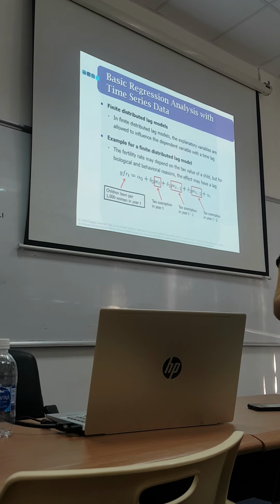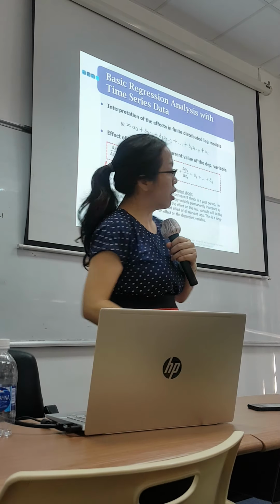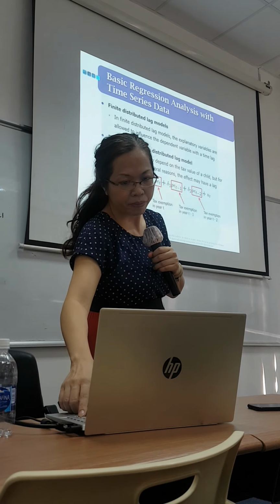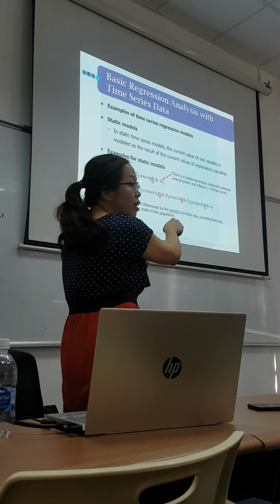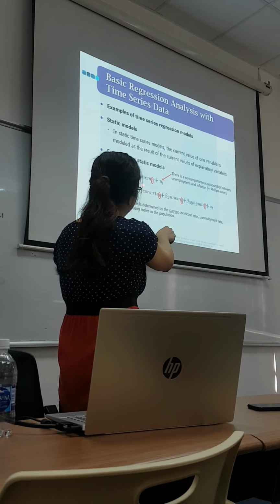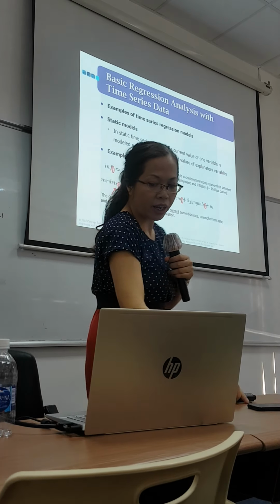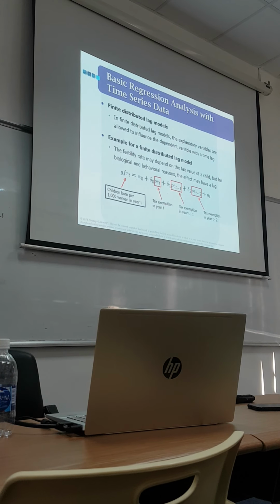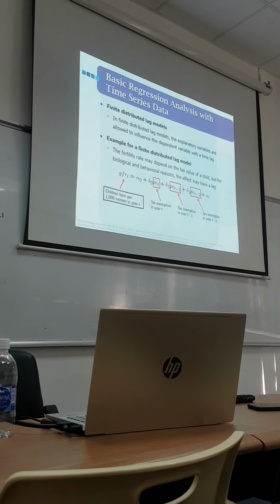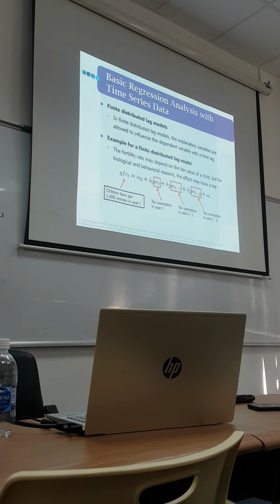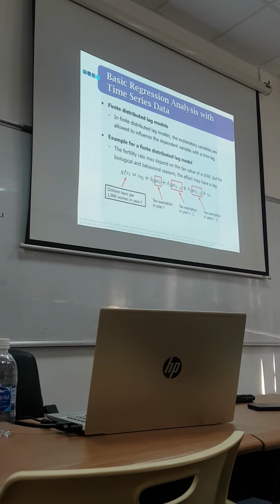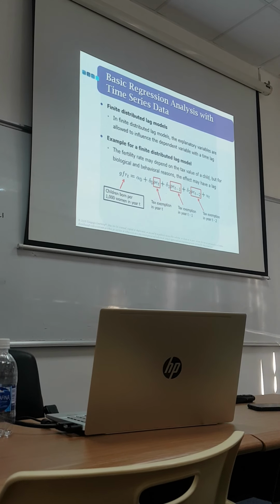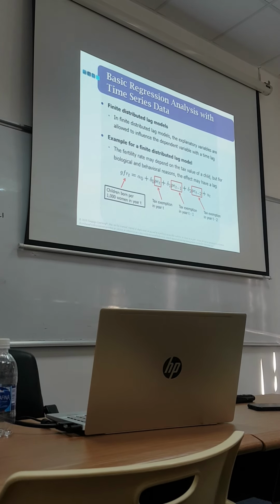The static model just explains the contemporaneous relationship, time t and time t only. But in the finite distributed lag model, you can have Y explained by beta 0 plus beta 1 x1 at time t, and then beta 2 x1 at time t minus 1.